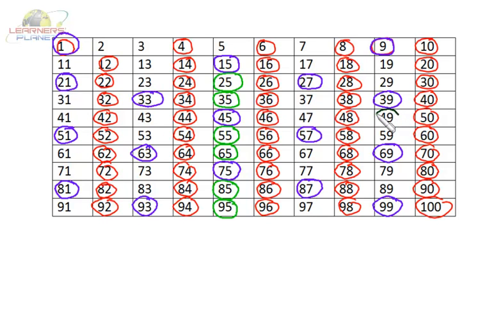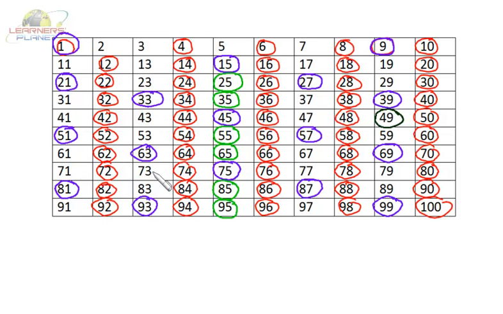So 49 is a multiple of 7. Okay. So let's circle it. Then 56 is already circled. 63 is already circled. 70 is already circled.